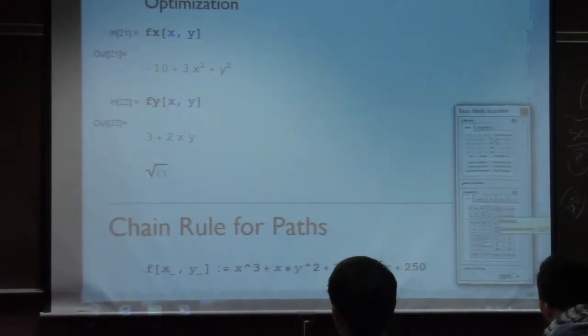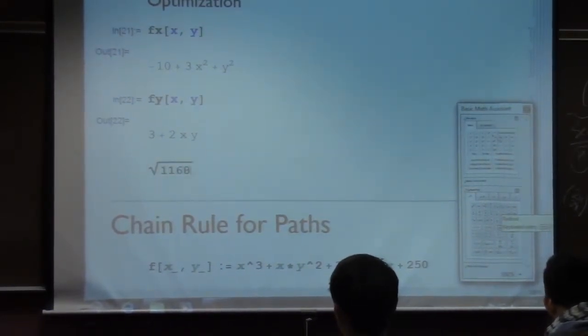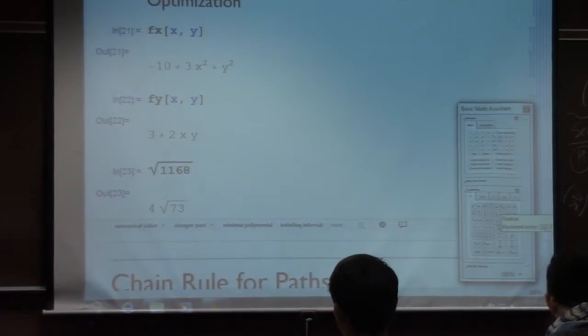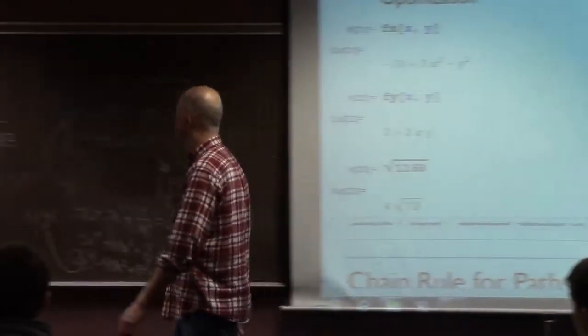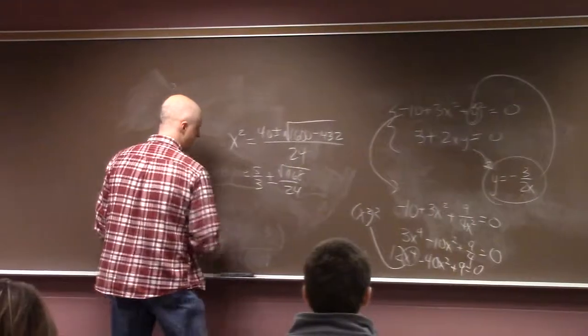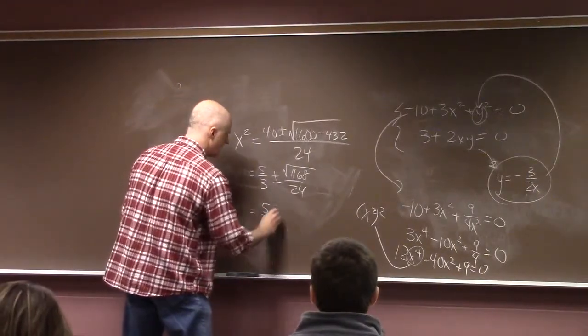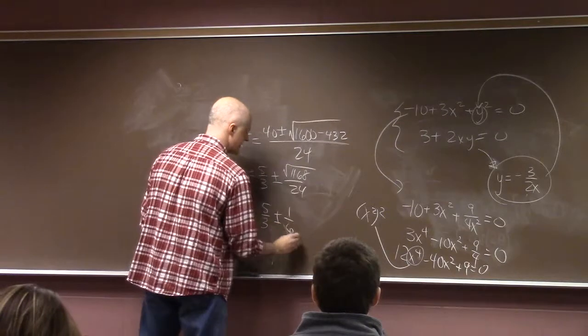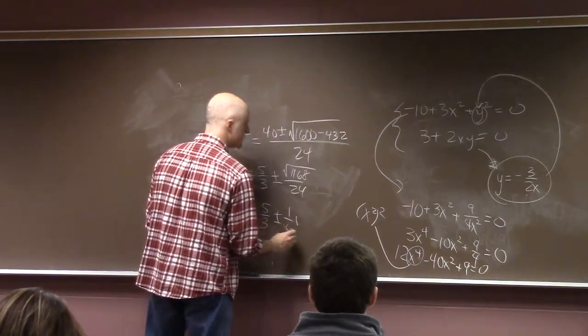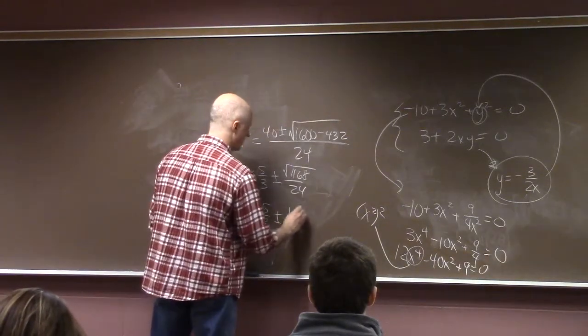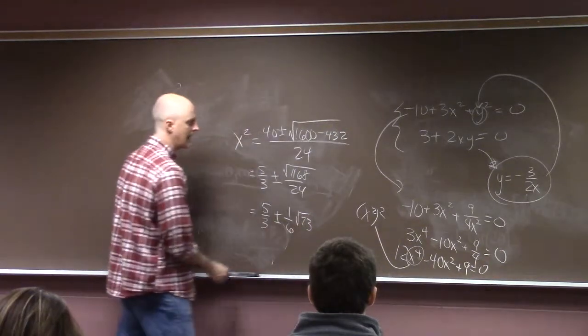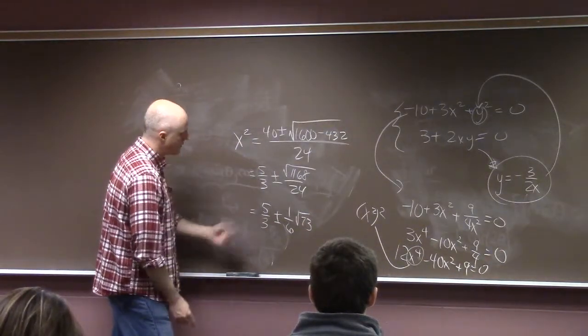So the square root of 1168 is 4 times the square root of 73. So this can be simplified to 5/3 plus or minus 1/6 times the square root of 73. I can put that at the top as well. Both of those are positive numbers.